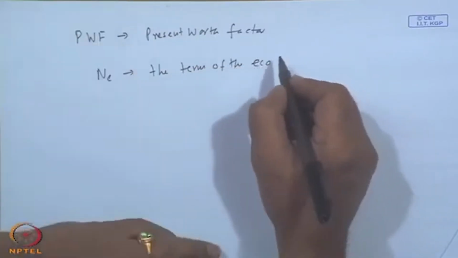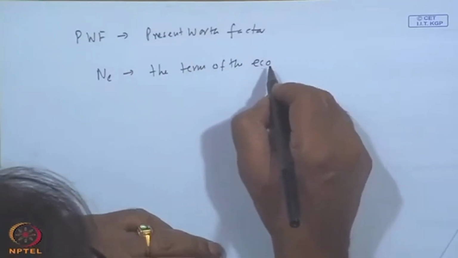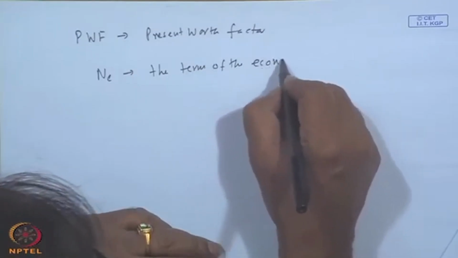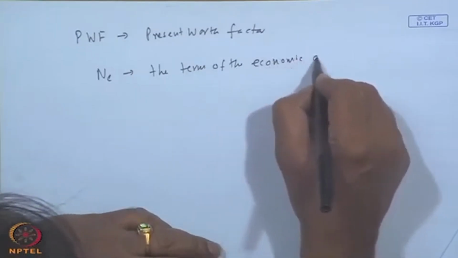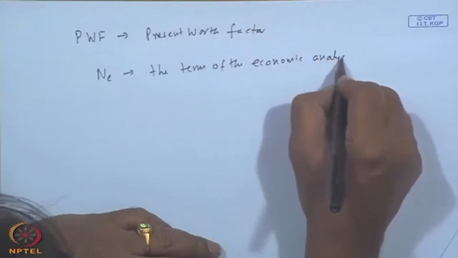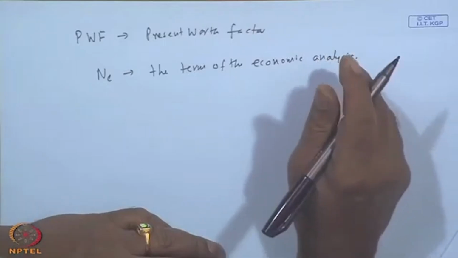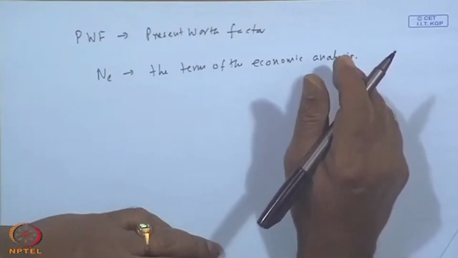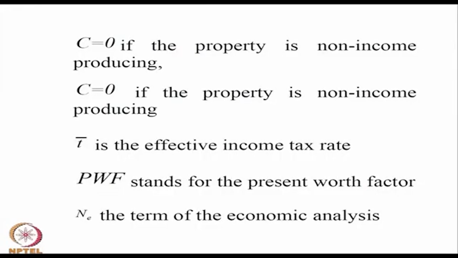It may be 10 years, it may be 20 years, it may be 15 years or 5 years, like that. It could be ideally the life of the solar energy system, but in case you are not sure, you would like to see whether the life cycle savings are positive or not, and when positive, what is the minimum N E that could be required.